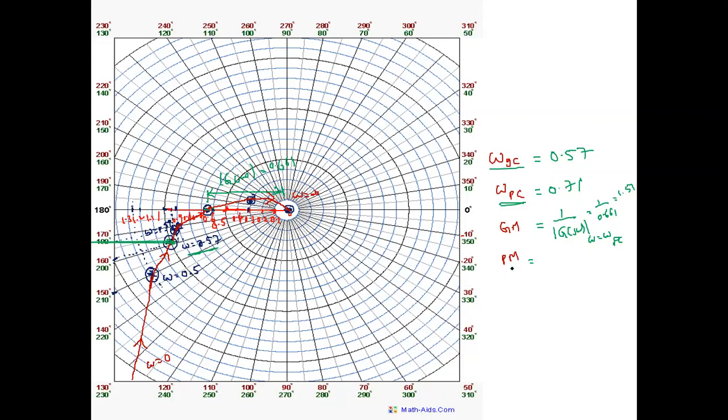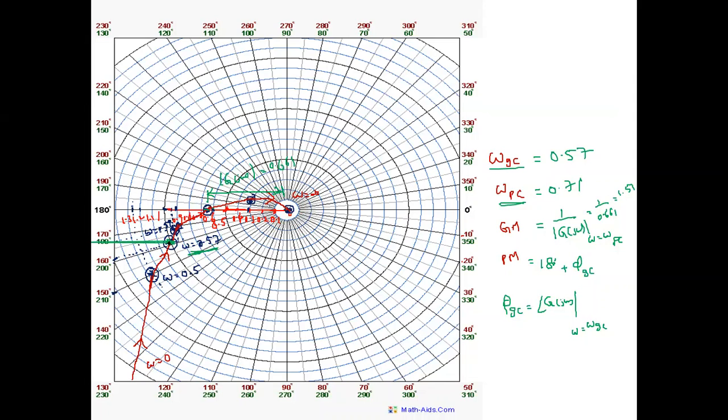Then the phase margin. Phase margin is 180 degrees plus phi GC, where phi GC is the angle at omega equal to omega GC. Here, 0.57 is the omega GC.